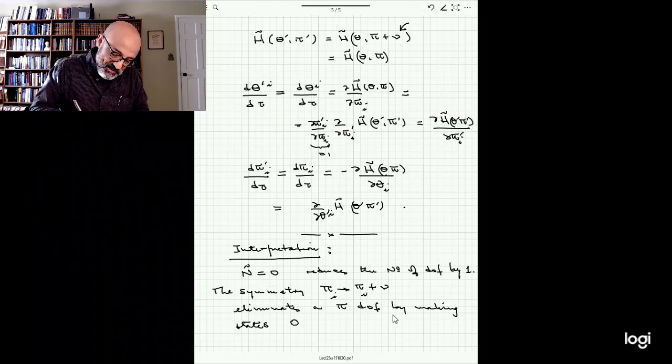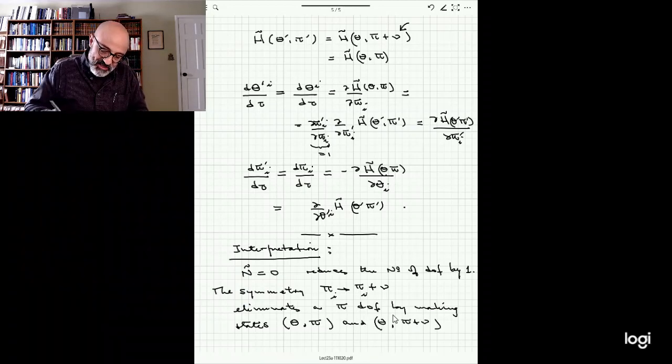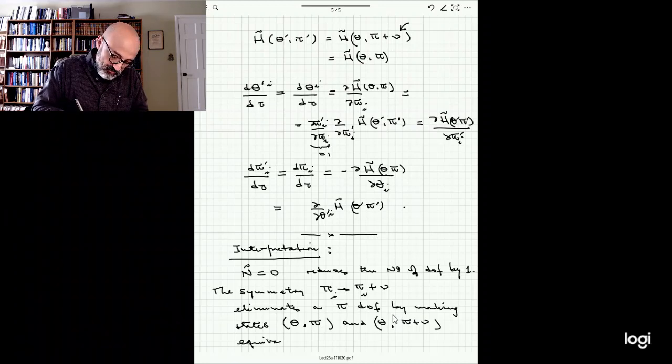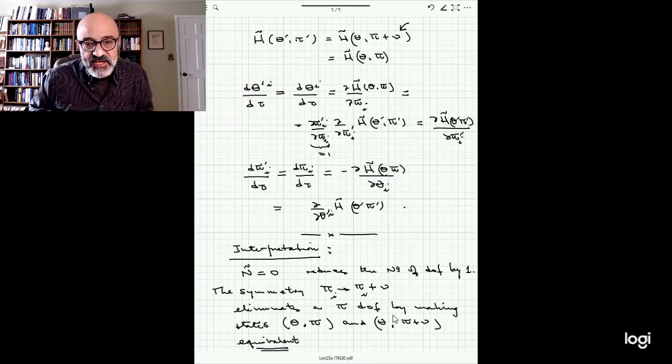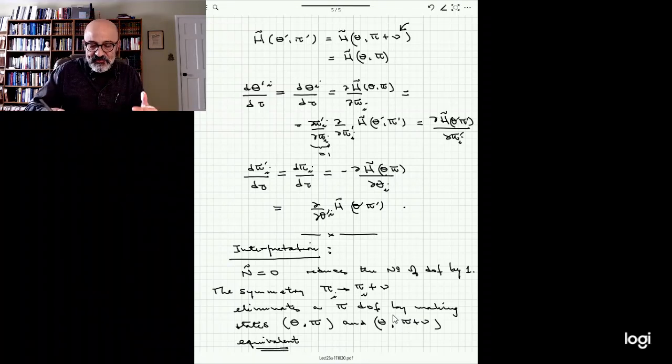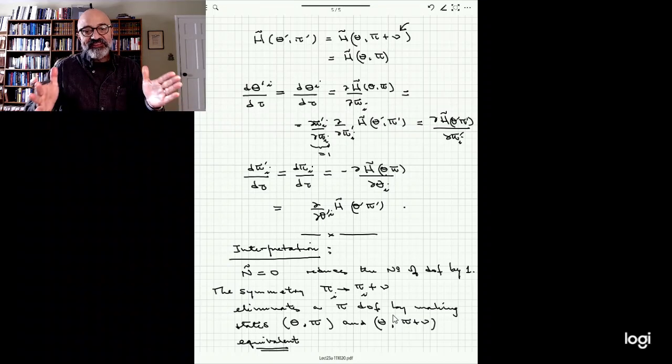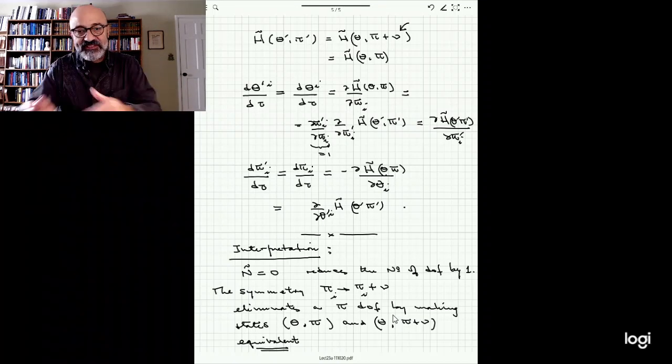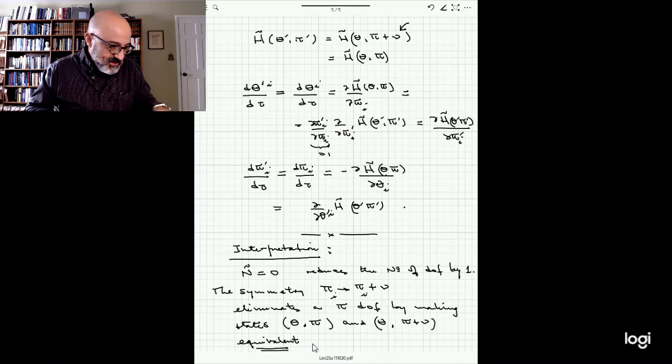What you make equivalent are the states in which the momenta differ. It's not a different state. So you don't eliminate them in the sense of getting rid of them. You eliminate them in terms of saying they're physically equivalent.